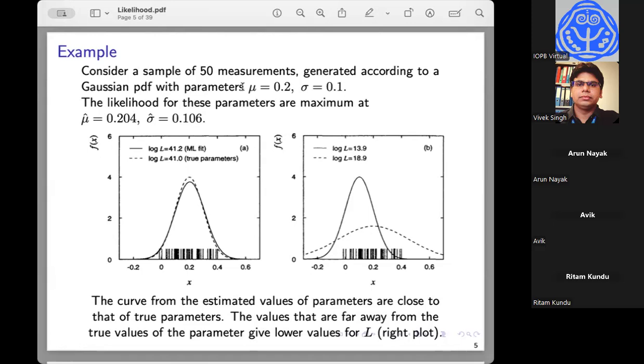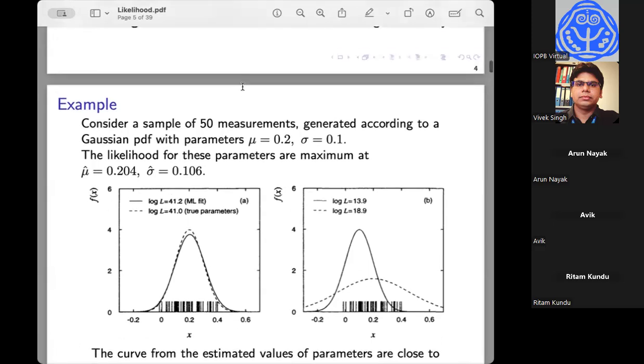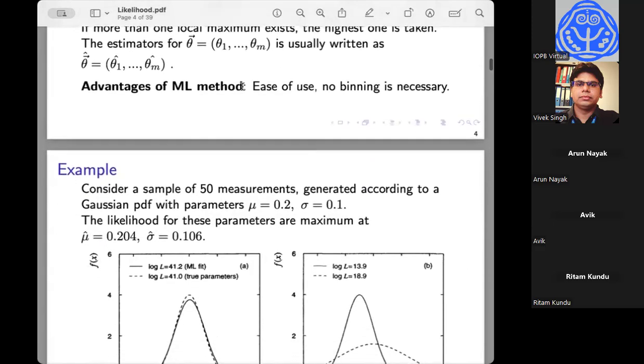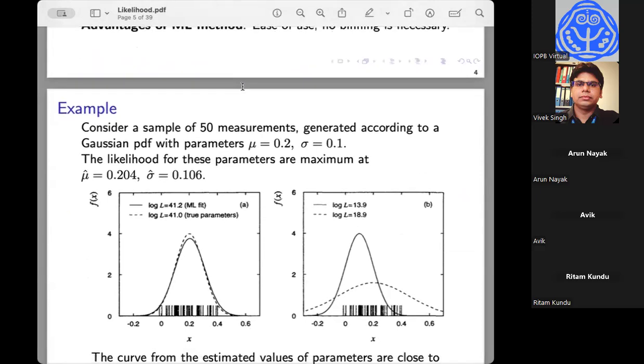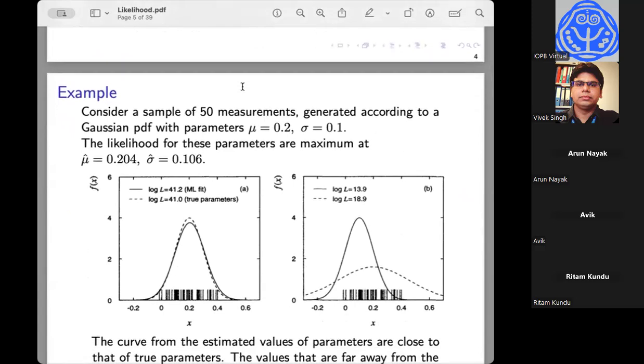For each event you assume the PDF, then you write the joint PDF for the 50 events, which is your likelihood, and then you maximize the likelihood.